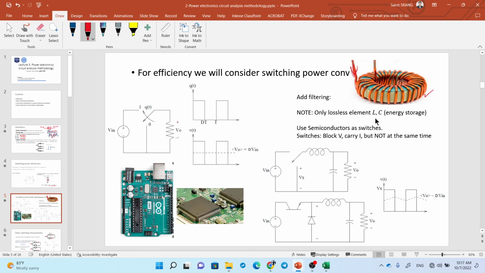The larger the inductance, the more it resists change in current. For the capacitor, you use it to maintain voltage. The larger the capacitance, the better it can resist voltage fluctuation. You got it?